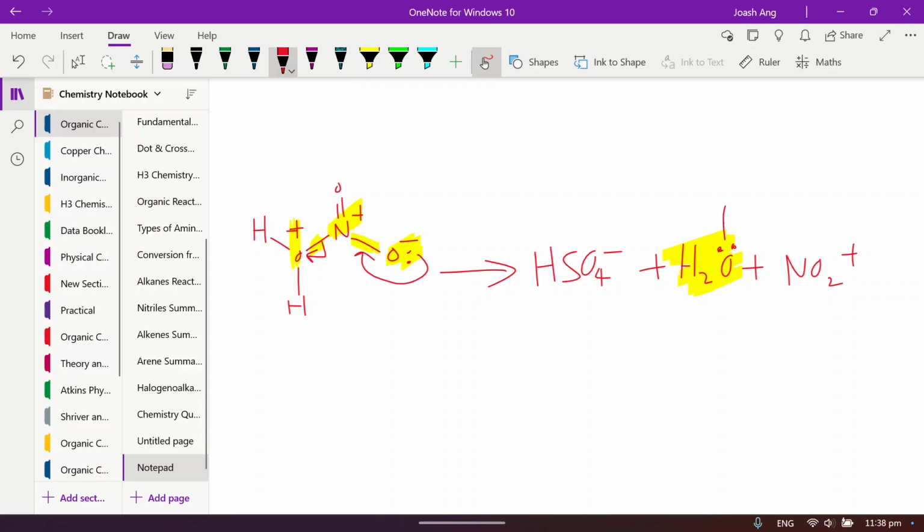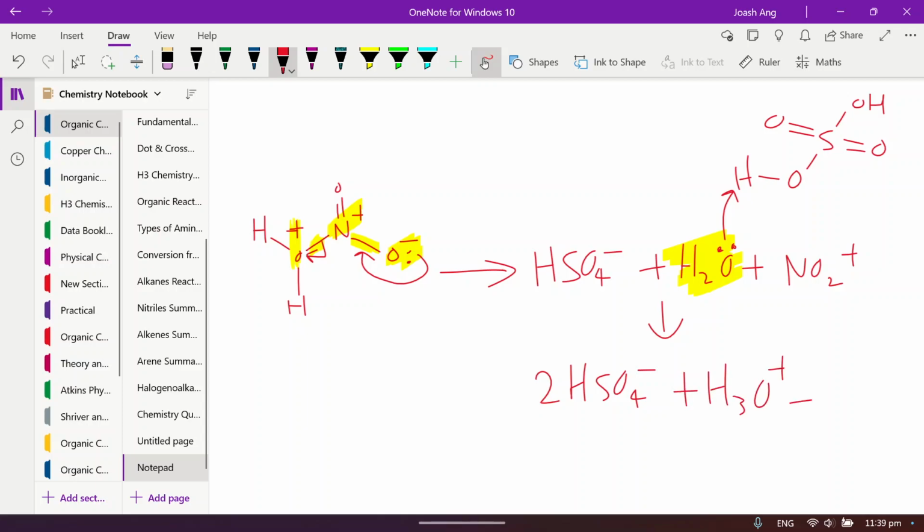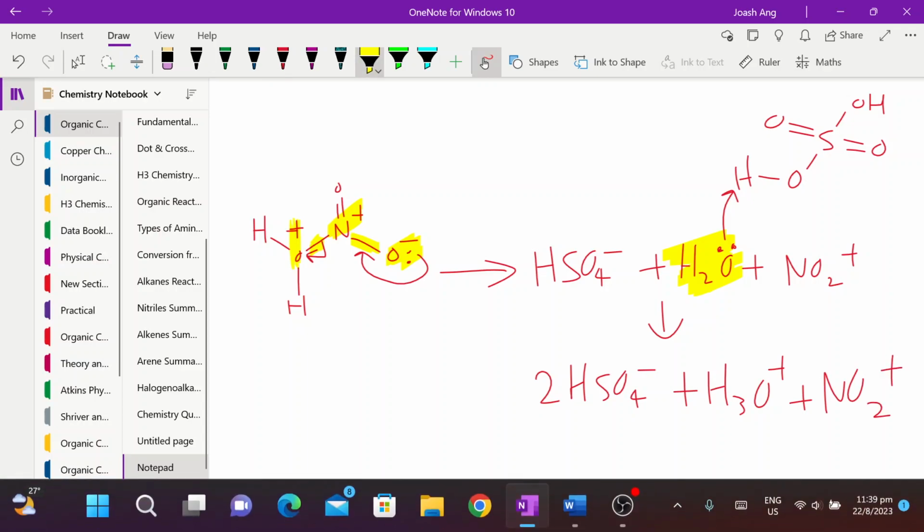So this will get protonated and it will form 2 HSO4 minus plus H3O plus plus NO2 plus. Alright, so this is how you derive your first step.